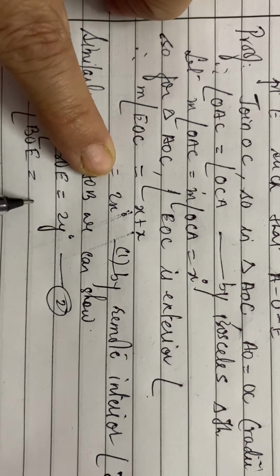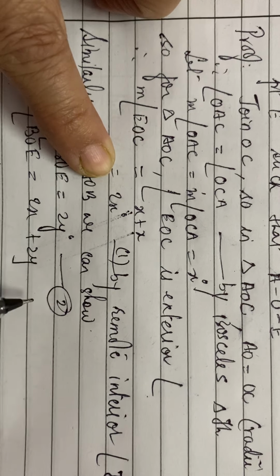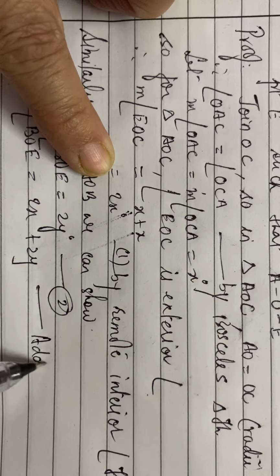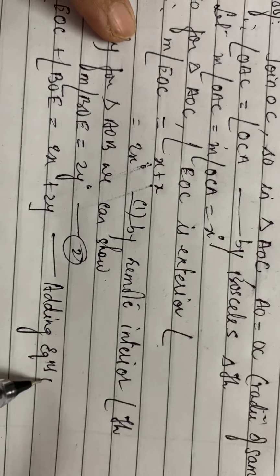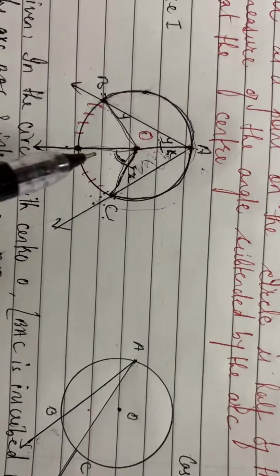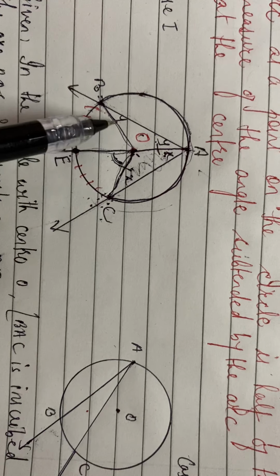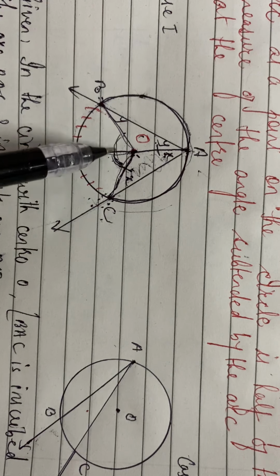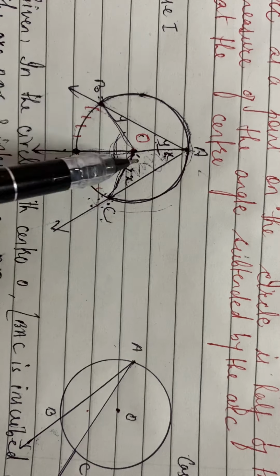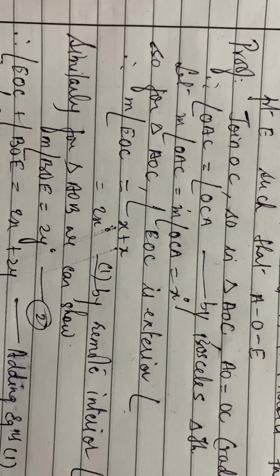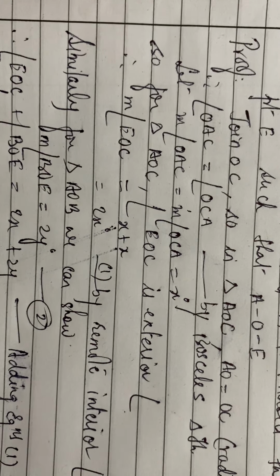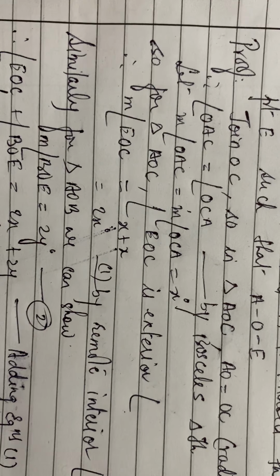It will be equal to 2x plus 2y, adding equations 1 and 2. So now EOC and BOE make which angle? It makes angle BOC. By the angle addition property, the two angles give you a single angle, that is angle BOC is equal to, you take out 2 common, 2 times x plus y.